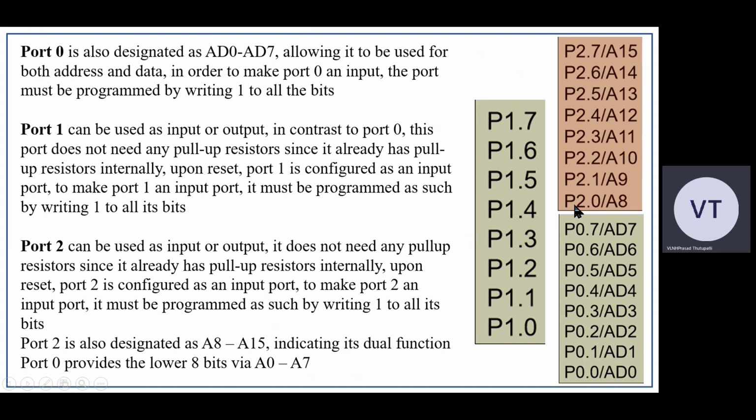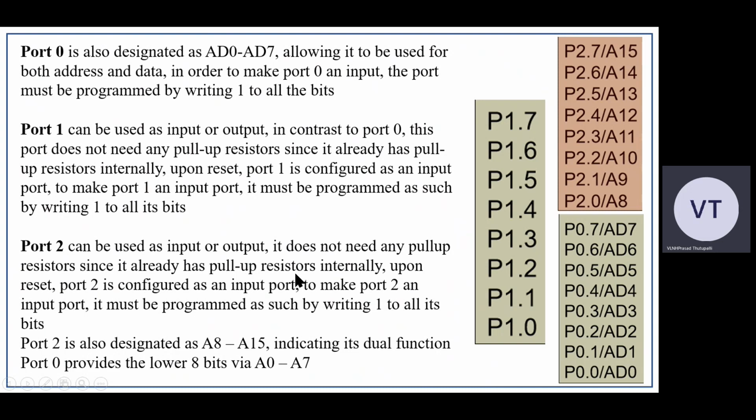P2 works like higher order address bus. Apart from working like input output port, port 2 works like higher order address bus. Okay, so you don't need to connect any pull-up resistor in order to configure. You don't need to connect any pull-up resistors like in port 0, right?